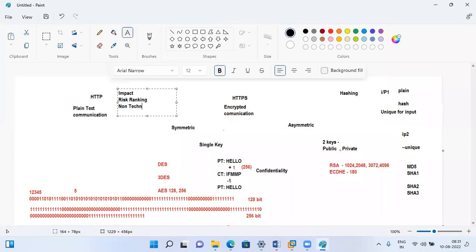Non-technical explanation means in layman terms. Even non-IT people should be able to understand if you explain some exploitation. And remediation. What do you mean by remediation? How do we prevent that specific vulnerability?